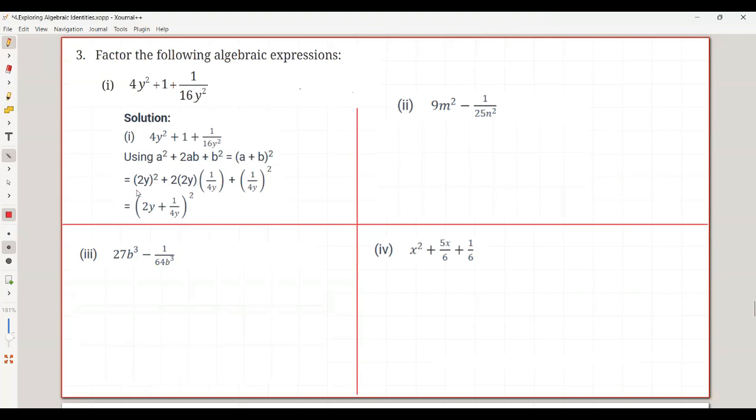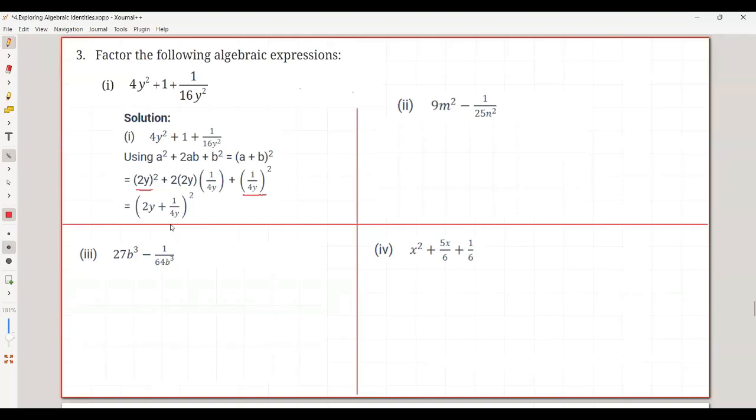First I ask you to write only a, then b. The balance we can write as 2 into a into b, and we will be getting the middle value. So the formula is a plus b the whole square. Just replace a with 2y, b with 1 by 4y. That is the final answer.